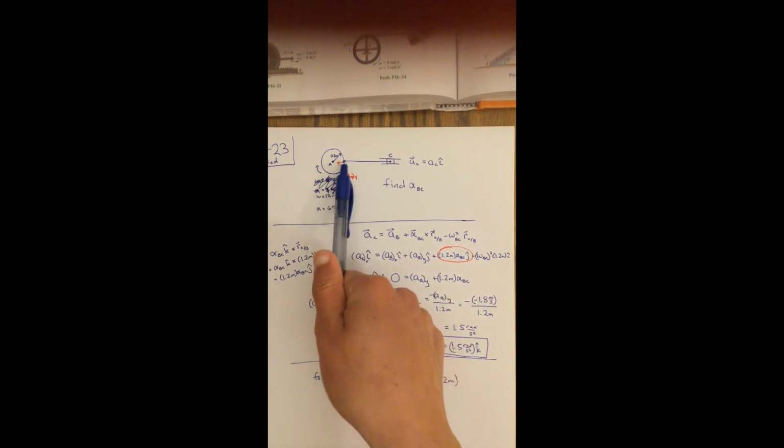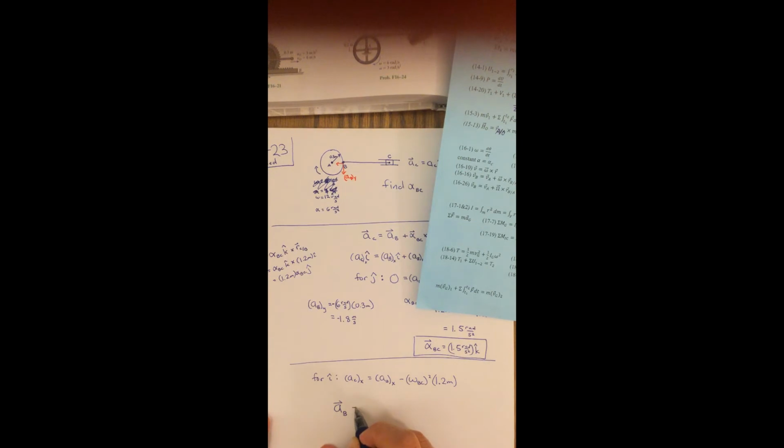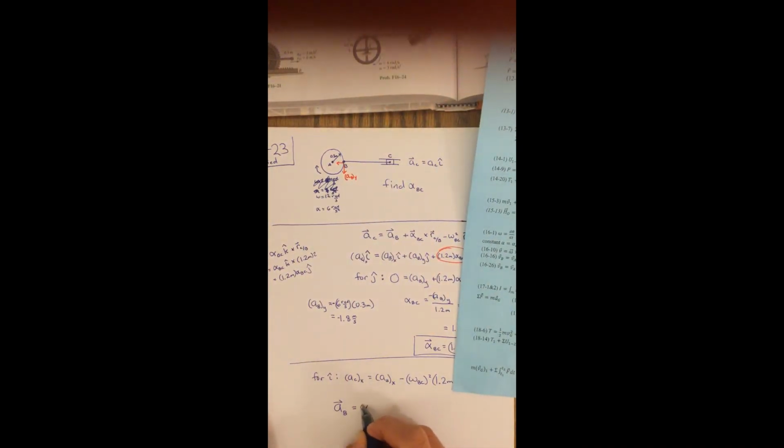This is a point on the outside of the wheel here. So go back to equation 16.14, and rather than just looking at the tangential component, if we look at the whole equation, we would have, let me pull this back over, angular acceleration, this is for the wheel, crossed with the position minus angular velocity squared times your position vector.